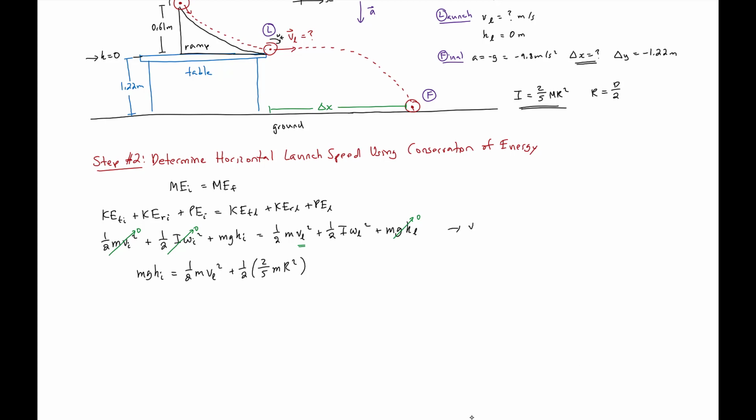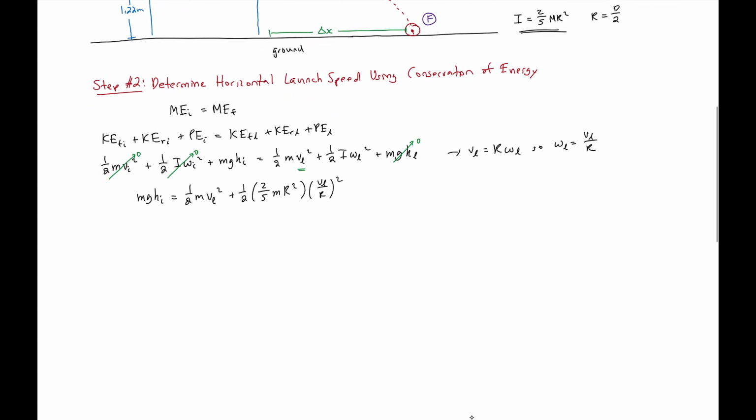We do know that v_L is equal to r times omega_L, so omega_L is equal to v_L over r. So let's replace it with that. And that's it. We can now solve for v_L.